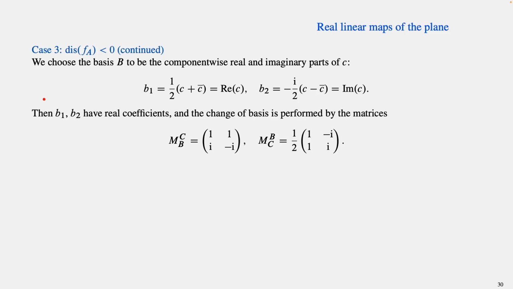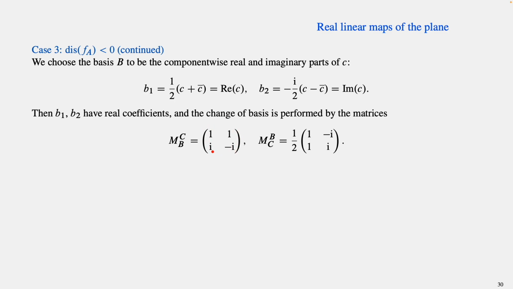Now, we have to do some calculations. The change of basis is given by these two matrices here. So the change of basis from C to B is given by 1, i, 1, minus i. So this just corresponds to having the real and the imaginary part added up, the imaginary part with a factor of i, to give the vector C. And here it's for the complex conjugate C bar, where we just have a minus sign for the imaginary parts.